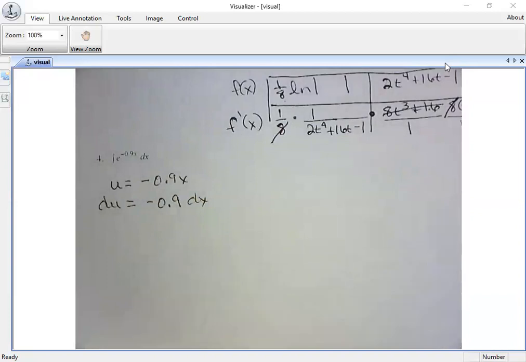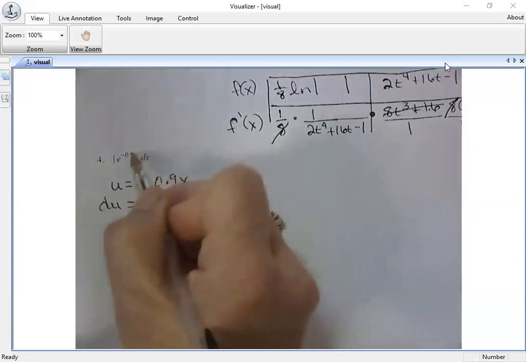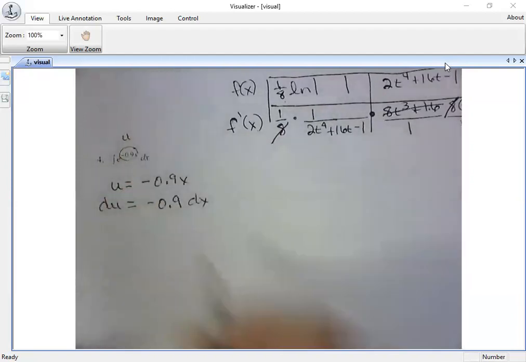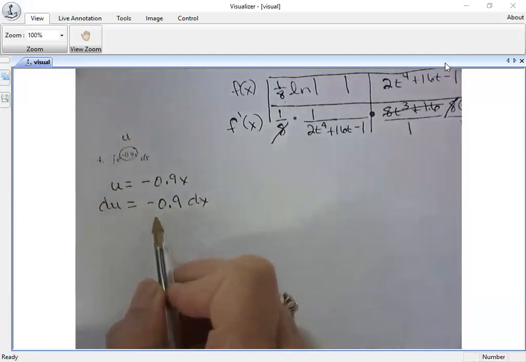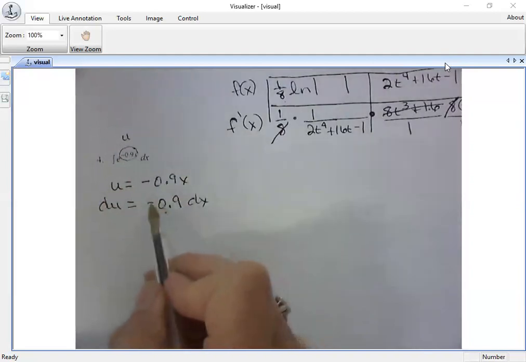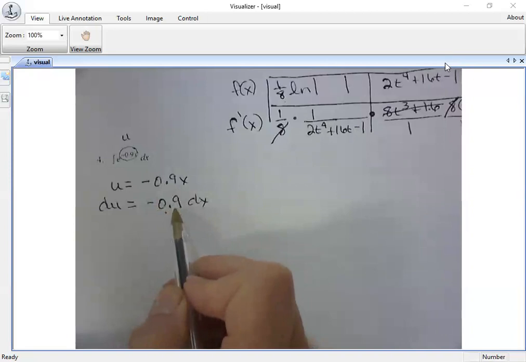So if I get ready to do a u substitution, I have all of this that would be my u. Do I have everything I need for the du? What is included in du that I don't have up here? The negative 0.9, correct?